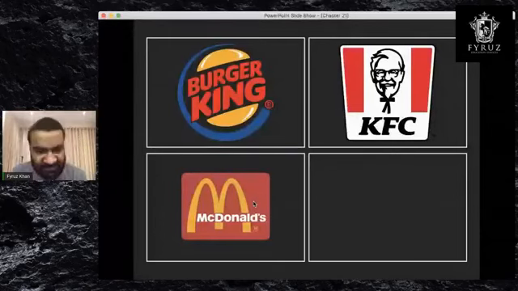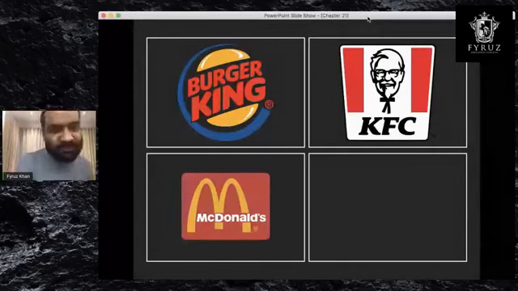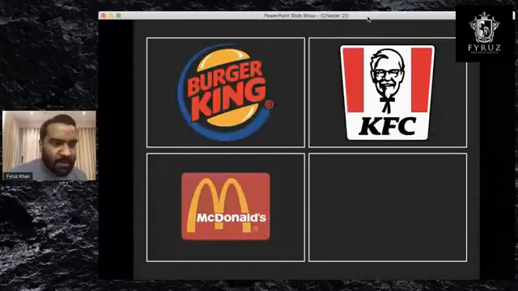Burger King, KFC, McDonald's: three American fast food chains. Now, in Bangladesh we don't have McDonald's, we have Burger King and KFC. Now, it's not our food, right? It's burgers, it's fries, it's chicken fry. It's their culture, it's their tradition.